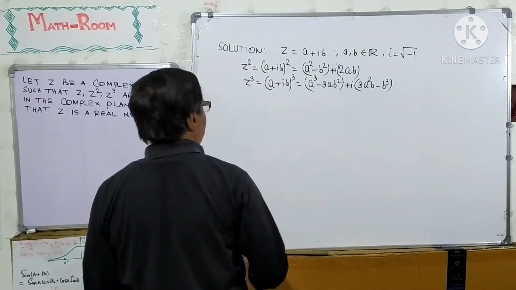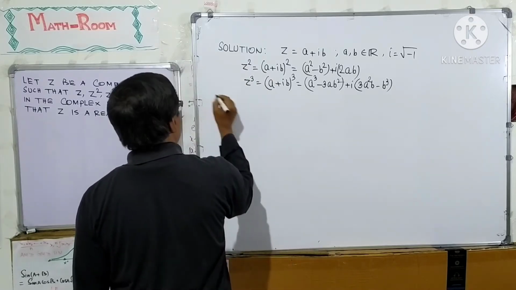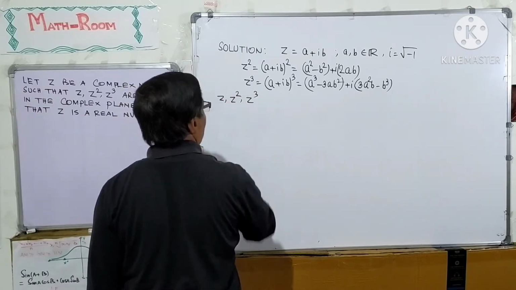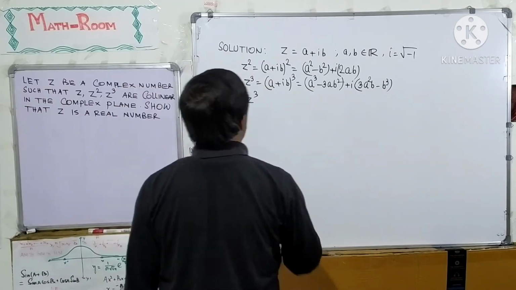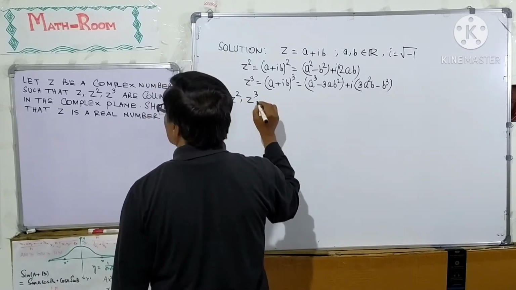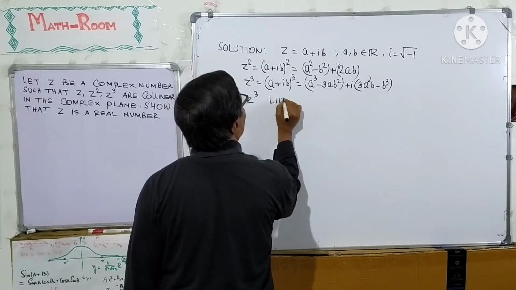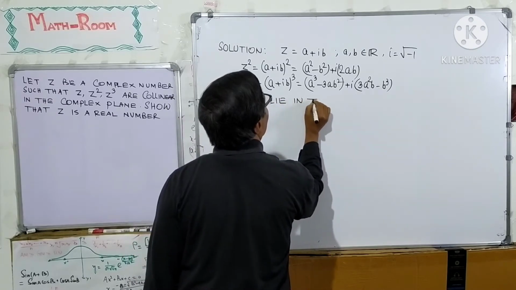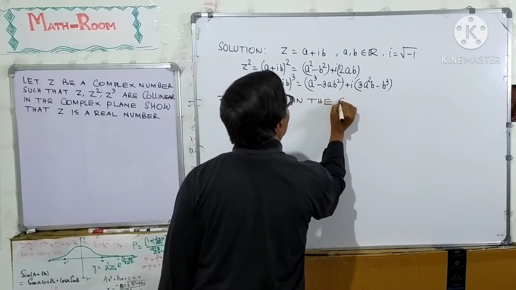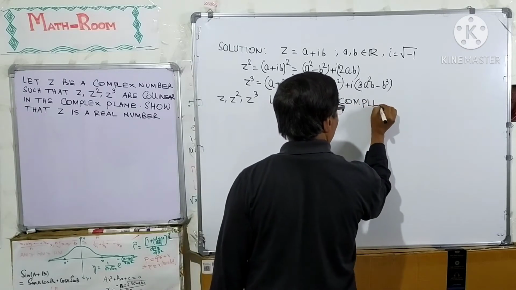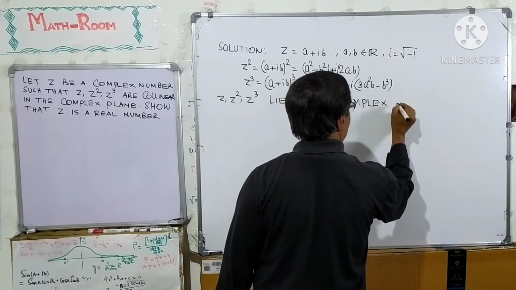Now, as z, z square, z cube are all complex numbers, they lie in the complex plane, that is the Argand plane. Complex plane is called Argand plane.